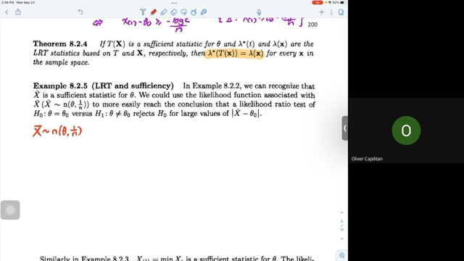So, yung ating likelihood function natin, based now on our sufficient statistic, would be equal to, ano yung likelihood natin based on our sufficient statistic?